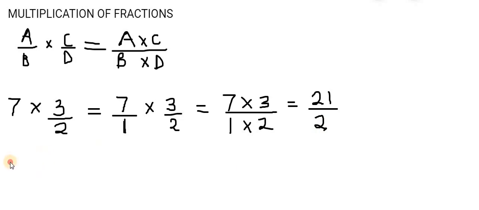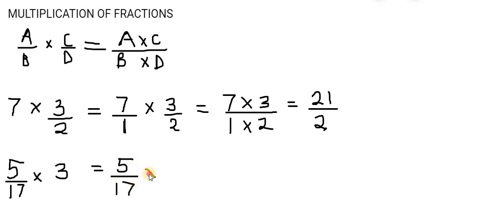Once again, if we have 5 over 17 times 3, that's a whole number 3, so we can write it as a fraction, so 5 over 17 times 3 over 1.